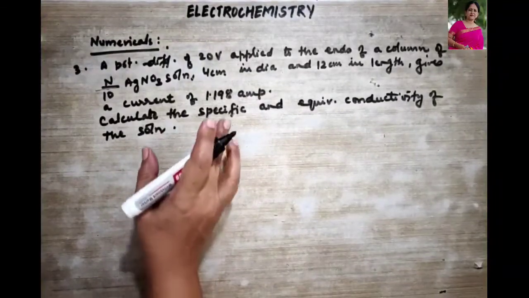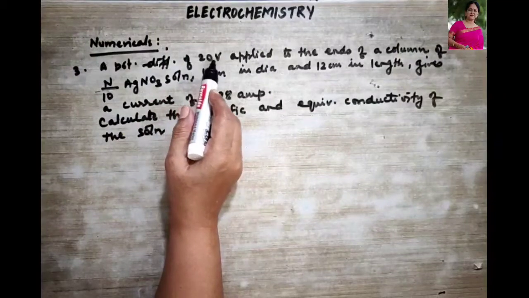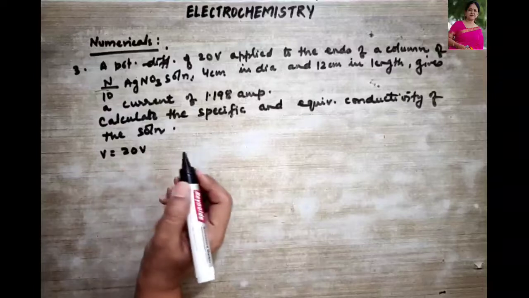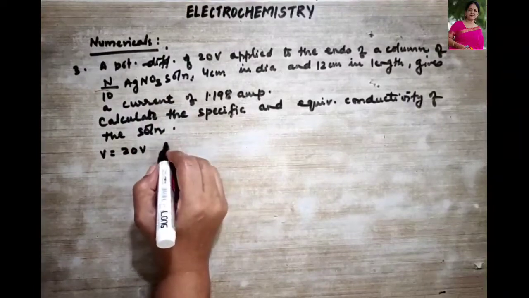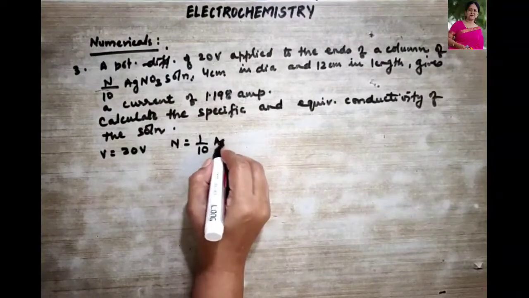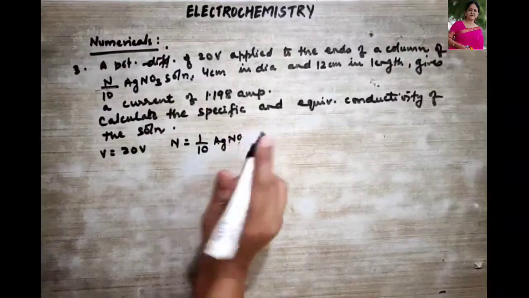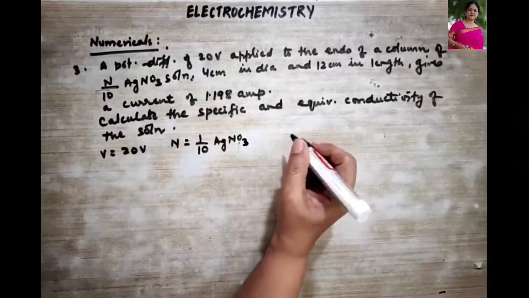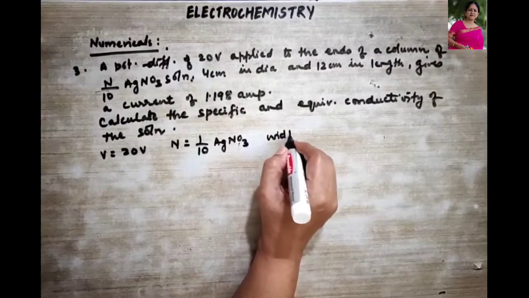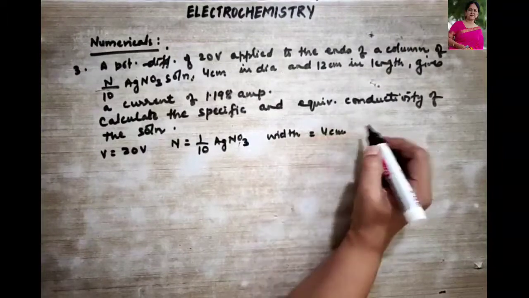So what all is given to us? The potential difference is given to us, 20 volts. So let's write down V is equal to 20 volts. Then normality is given to you. N is equal to 1 upon 10 of your AgNO3, isn't it? Then what is the width given to you? Width is given to you as 4 centimeters.